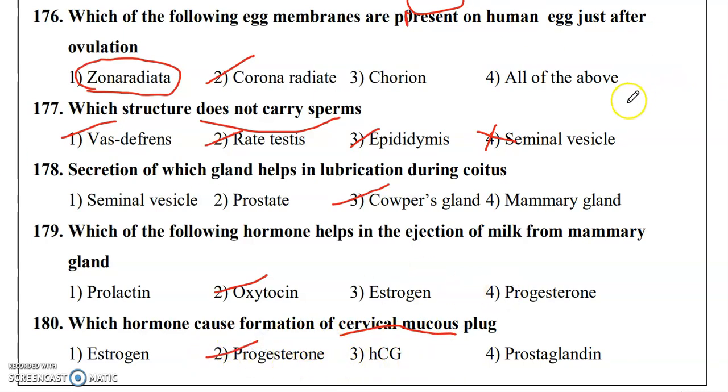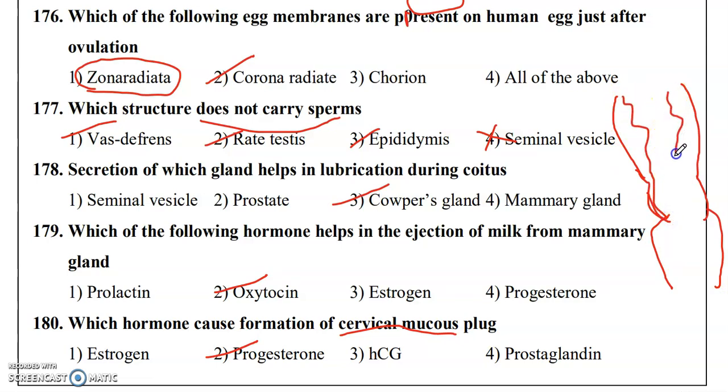This is the uterus, and this is the neck of the uterus called the cervix. After that there is the vagina. Once implantation occurs, there is no need for the entry of sperms again, so this part is blocked.